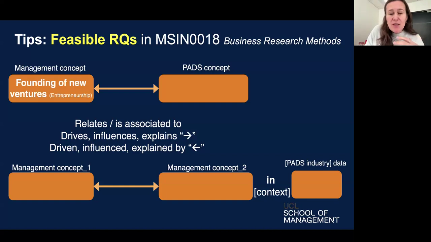Entrepreneurship is a broad term here, but in a research question, I encourage you to be a bit more narrow, not use entrepreneurship, but use a metric or something closer to a clear aspect of entrepreneurship, such as the founding of new ventures. So this paper connected the founding of new ventures to street protests, which deal with city administration and therefore fits within the topic of public administration, defense, and security.